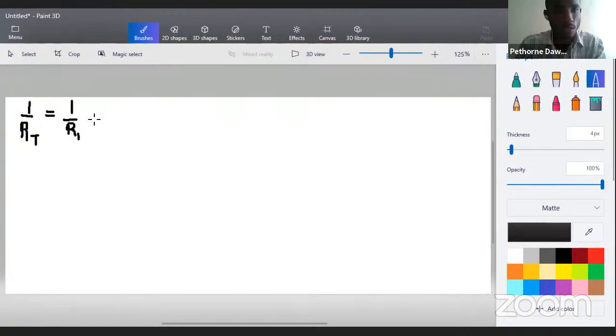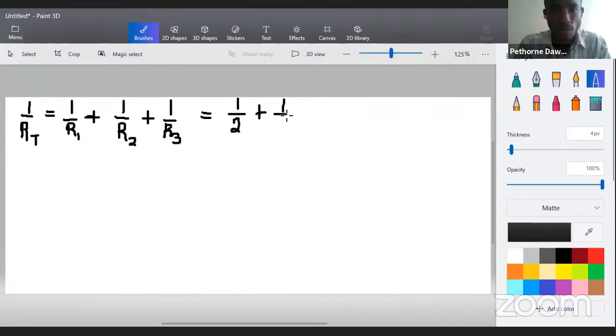This is just a general equation. We know that the R values can change to whatever they want to be. All right. So that gives us, what was it, 2, 5, and 10? Yes. 1 over 2 plus 1 over 5 plus 1 over 10.